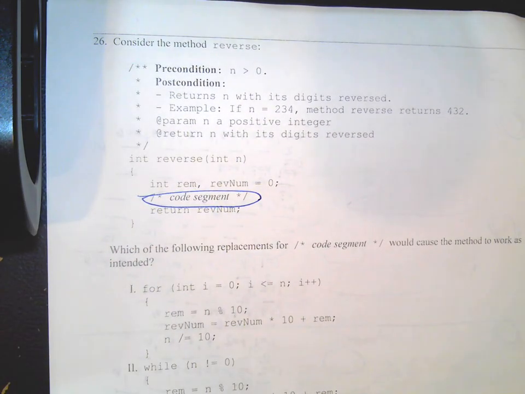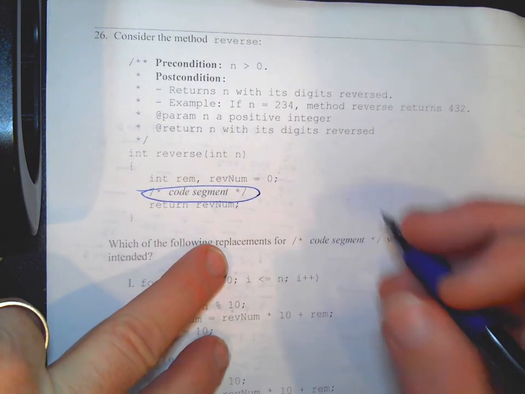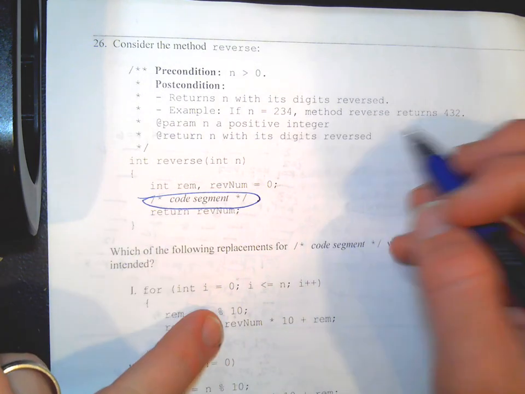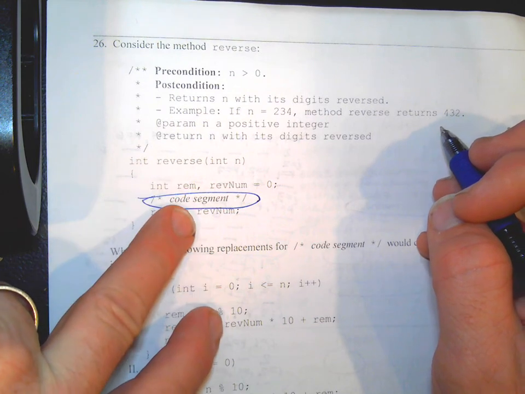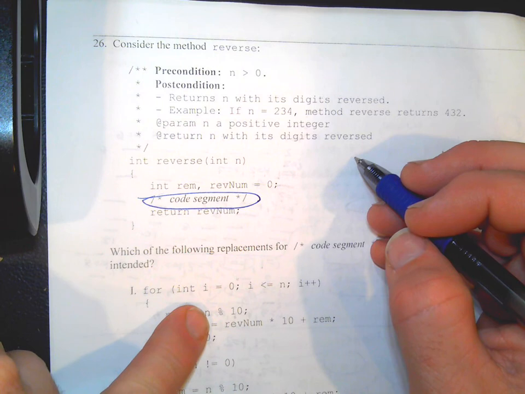So, we could just try it with this example and see how it works. Let's see. So there's some variables here, and then this has a for loop.